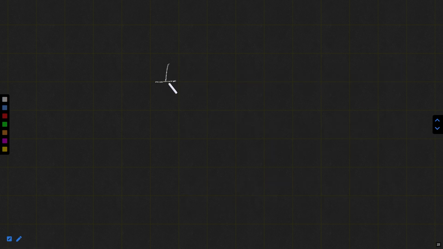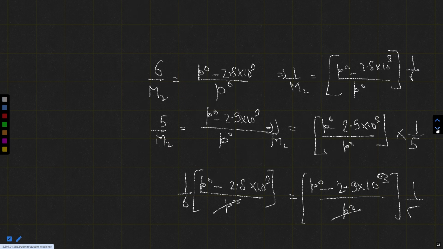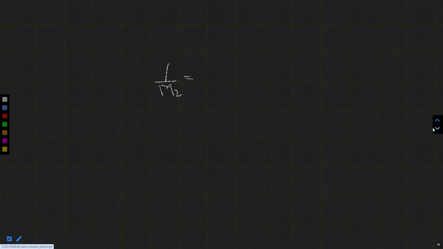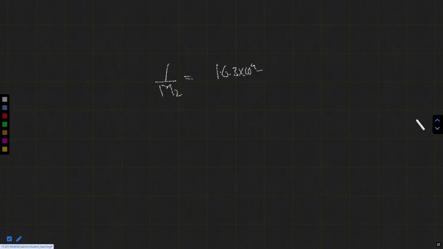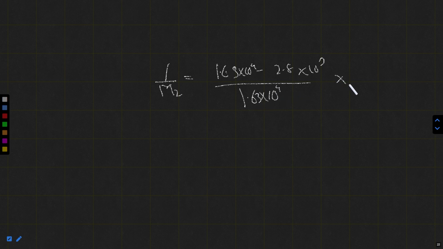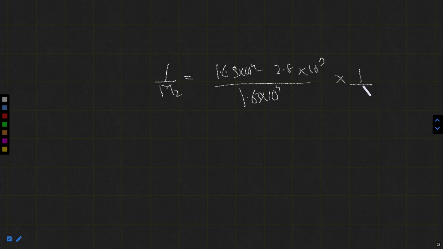That would give you 1 by m2 is equal to P naught minus 2.8 into 10 to the power 3, where our P naught is 1.63 into 10 to the power 4, divided by 1.63 into 10 to the power 4, multiplied by 1 by 6. Just calculate this, cross multiply this to get the molar mass value.